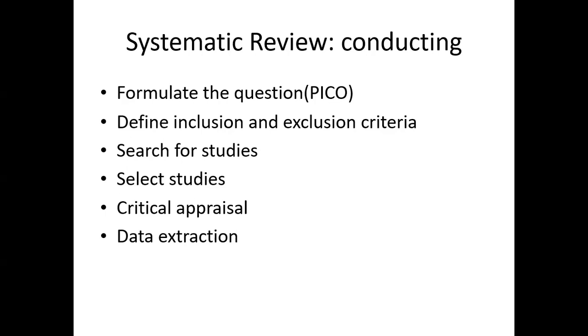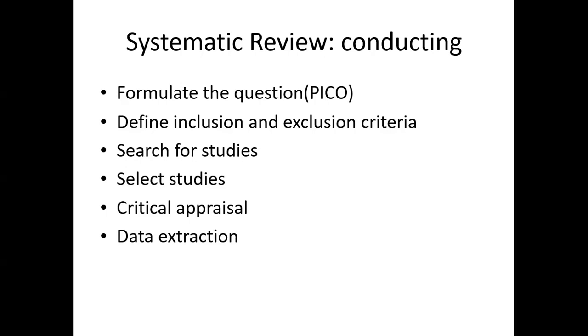It's the format PICO. P stands for population, it can be patient, it can be problem. I, intervention. C, comparator, and O, outcome. All questions should follow this format, because the next steps you are going to do easily if the question is in answerable form.